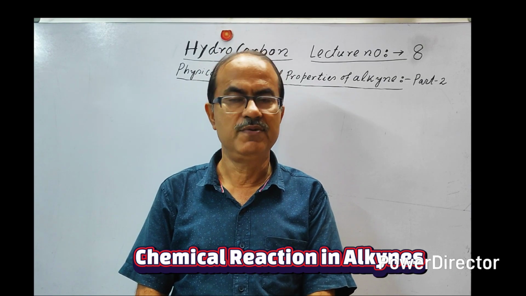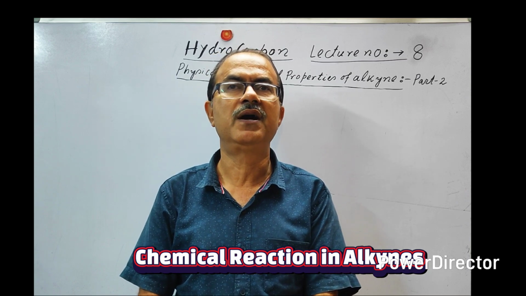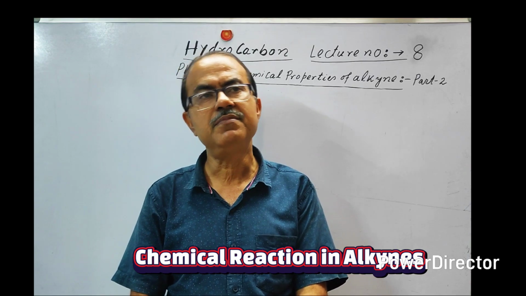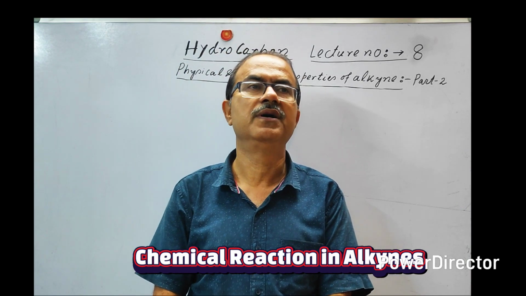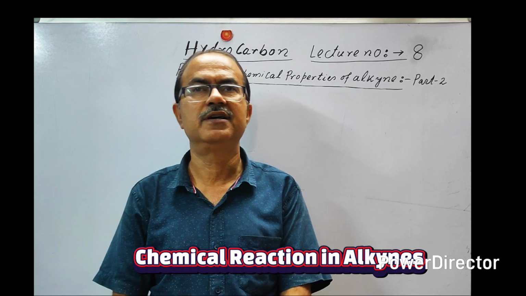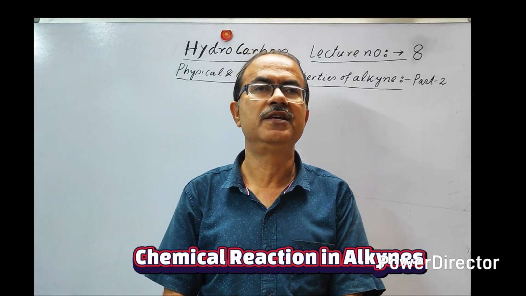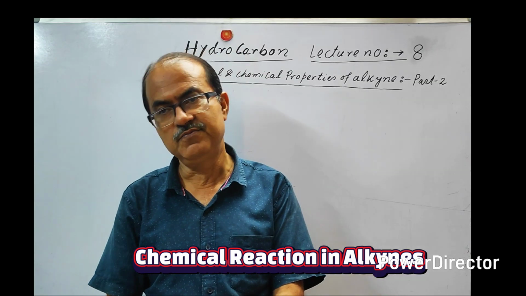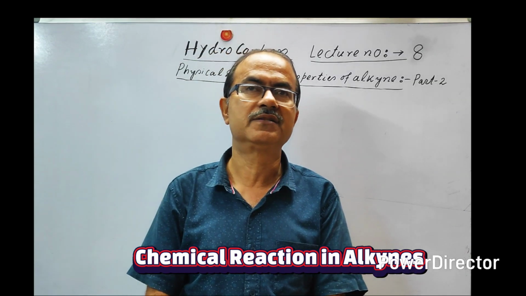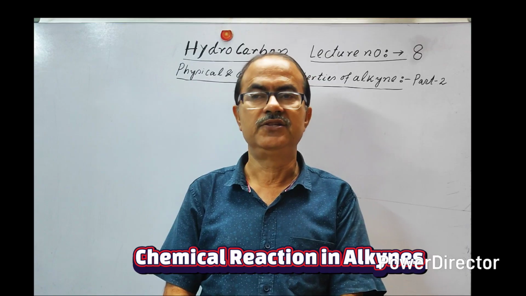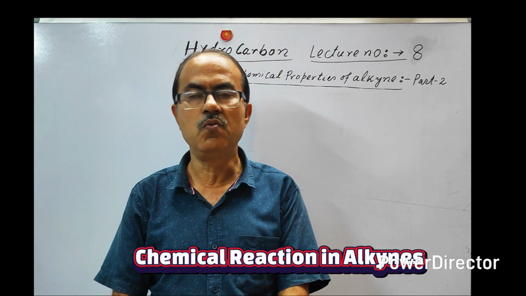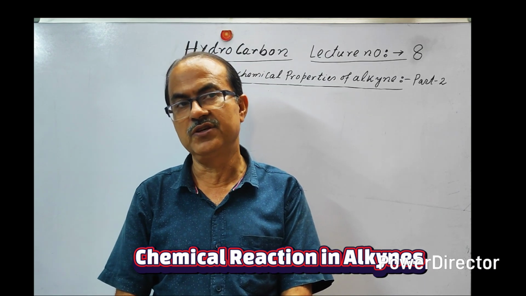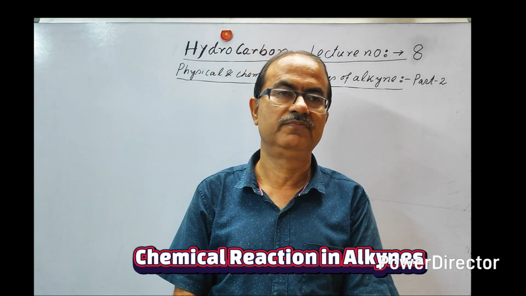In lecture number 7, we discussed the physical properties of the alkyne and some chemical reactions, basically the acidic property. Then we discussed the addition reactions undergone by the alkyne, that is, the addition of dihydrogen and the addition of halogens.